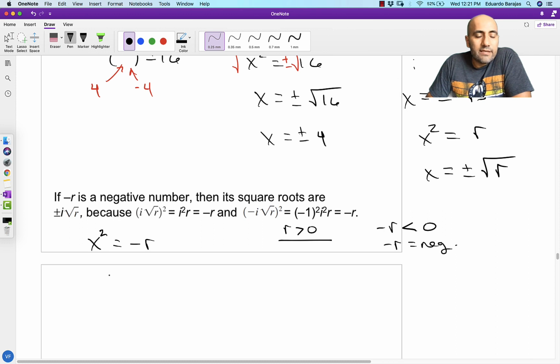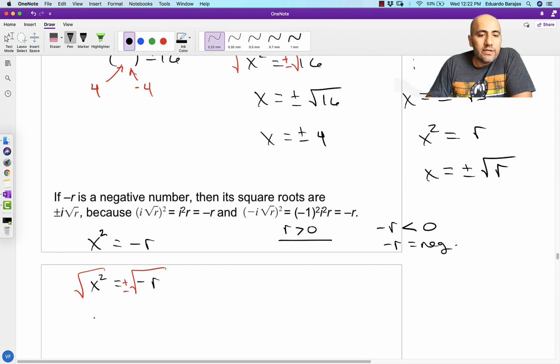Okay, so if we have this, then we go through our process, and we're going to take the square root of both sides. Square root of this side, square root of that side. That gives you a plus or minus on this side. And once we do that, we have a minus 1 there.